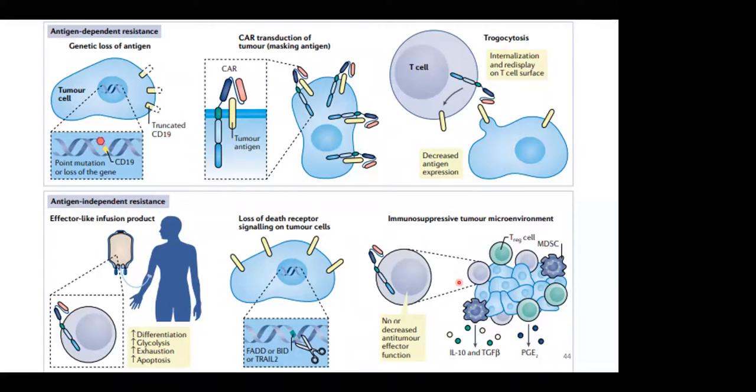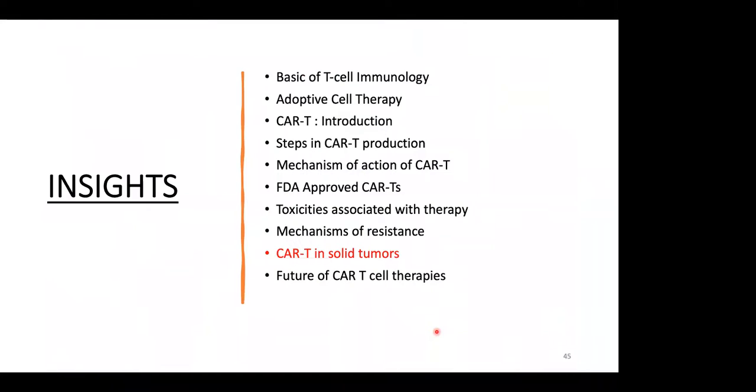So here what happens is the tumor protects its environment by secretion of all these cytokines so that the T cell is unable to infiltrate into this immunosuppressive microenvironment. So these are the ways in which the tumor cell has developed resistance to this therapy.